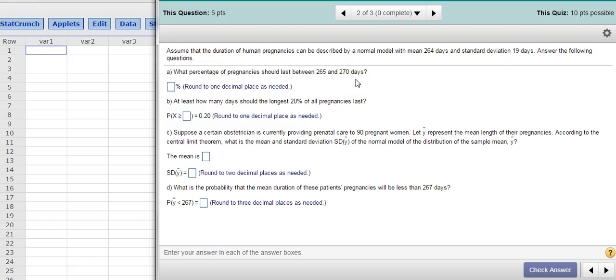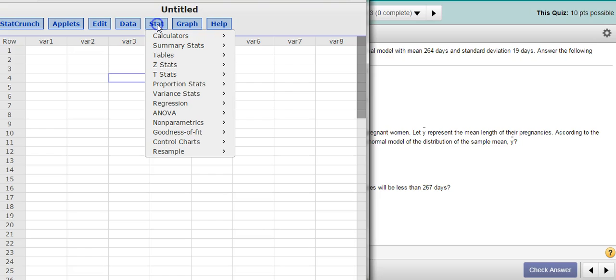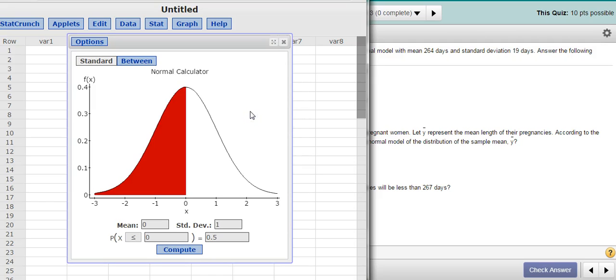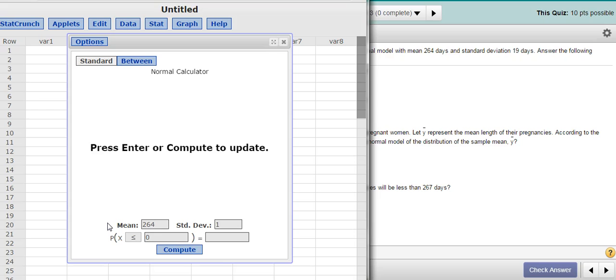So you're going to find the percent between two numbers, and this is a normal model with mean this many and standard deviation this many. So you can simply open up the normal calculator from Stats Calculator and normal. Type in the mean 264 and 19.